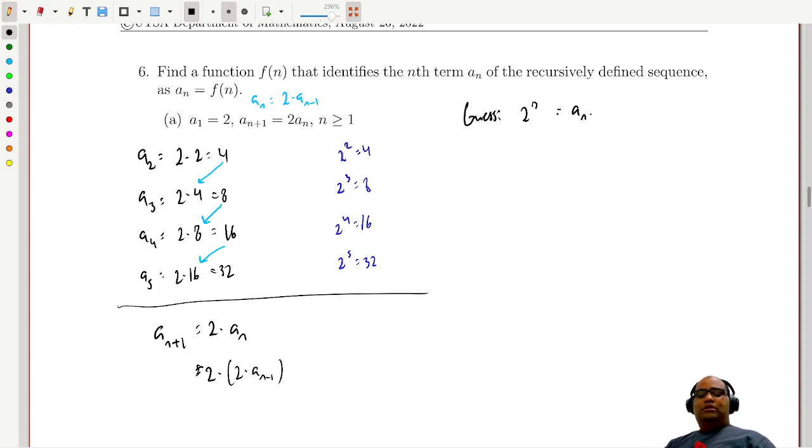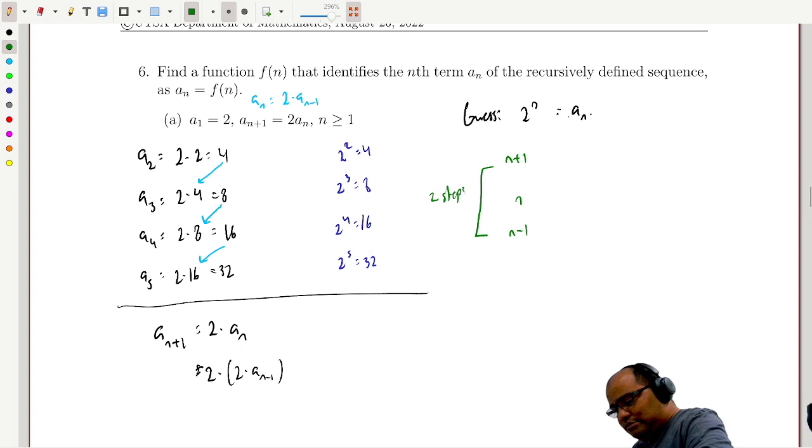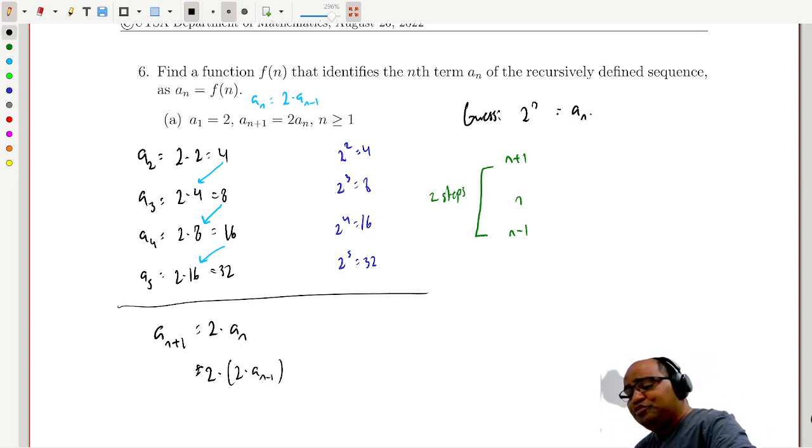I've gone down 2 steps. The gap between n+1 and n-1 is 2 steps. Let me draw a little bit of a ladder here. n+1 and n-1, that's 2 steps. And how many 2's are there so far? There are two 2's, so you have 4. Let me write it like this: 2 squared times a_{n-1}.